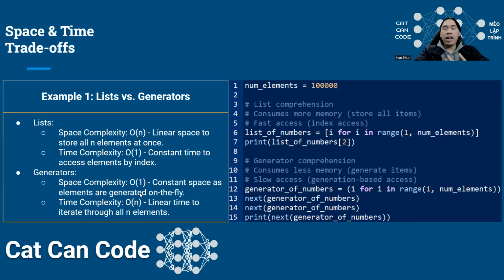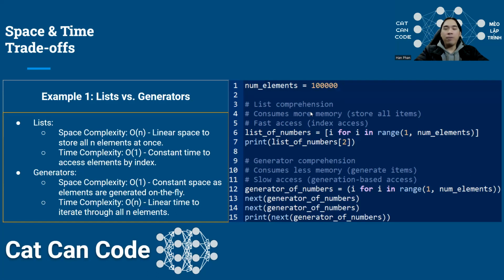So to get an element at a particular position, you need to linearly generate all the elements before you can reach that particular element that you want to get. So as you can see here, it's clearly demonstrating the space and time trade-offs. You have more space, you have less time, and you have less space, but you need more time.